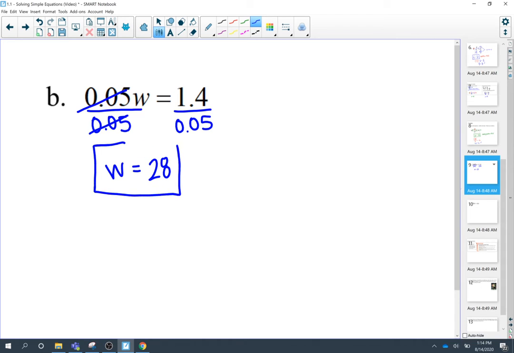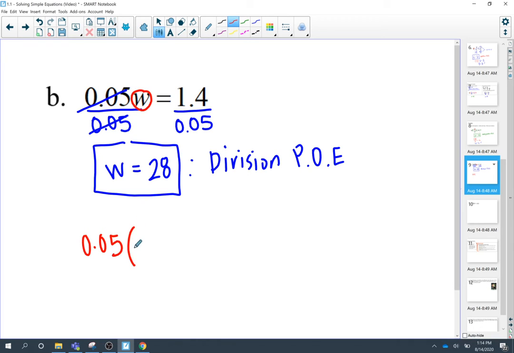Now, justification. This was division. We divided. That is your division property of equality. And then we have to check our answer. So we're going to substitute the 28 back in for the w. So we're going to have 0.05 substituting 28 equals 1.4.